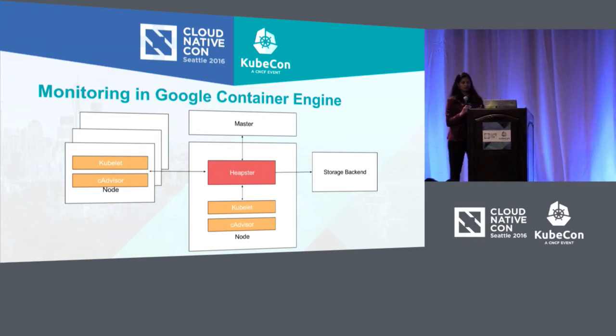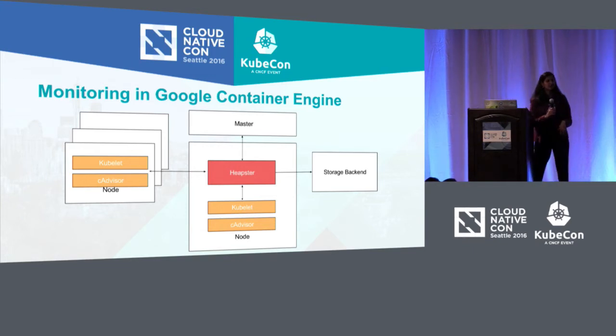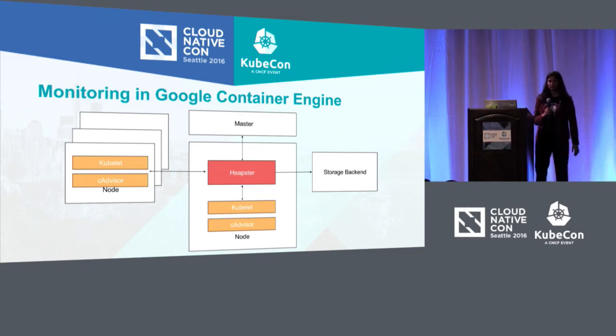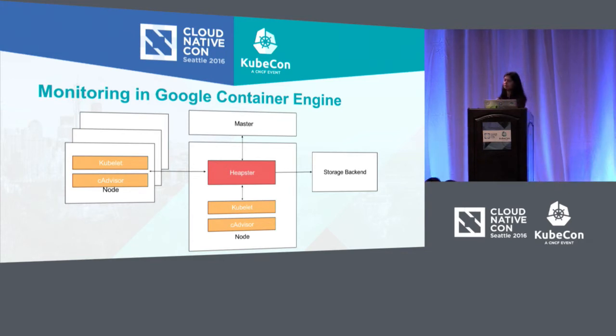Heapster runs in just one pod per cluster, so it's cluster scoped, and it collects and aggregates all of these metrics. There's no special access. And then we pull these metrics and put them into a storage backend, and then make them available through Stackdriver, as well as through the dashboard UI. So you as the user can view them, consume them, use them in any way you like.